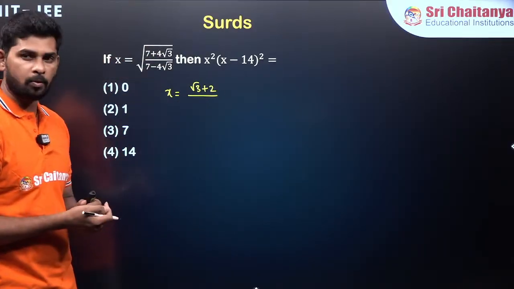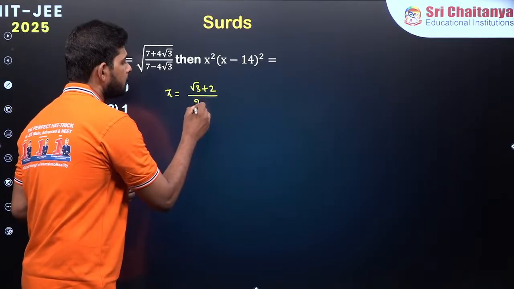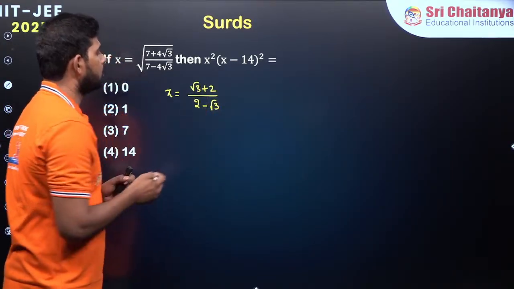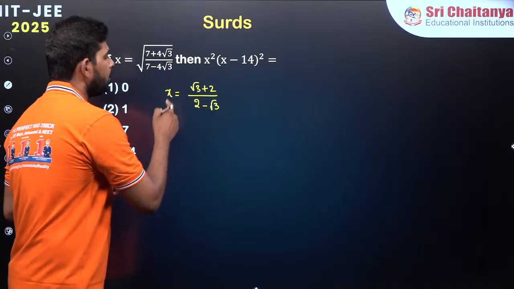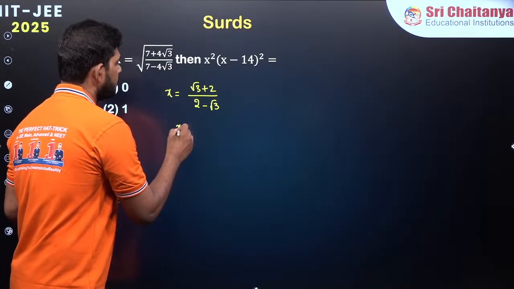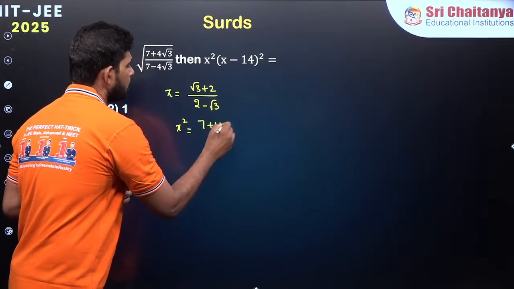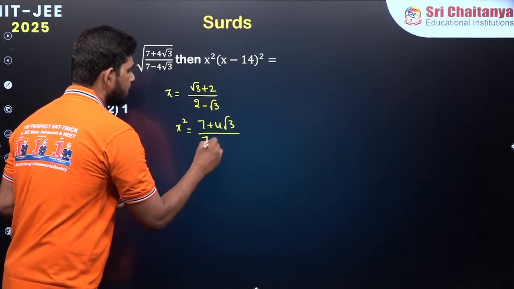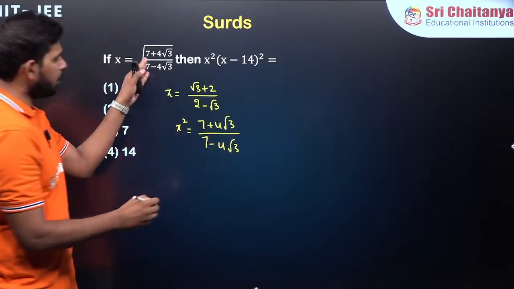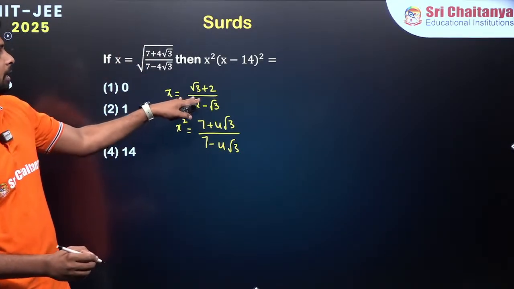We have solved this question recently, and the square root of 7 minus root 3 can be written as 2 minus root 3. Right. So what will be x square of this one here? X square, if I am writing, then you have 7 plus 4 root 3 divided by 7 minus 4 root 3. I am just taking the number they have given here, squaring on both sides. So if you take the square root, you get the x value.